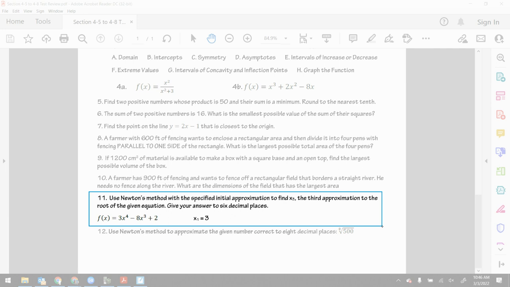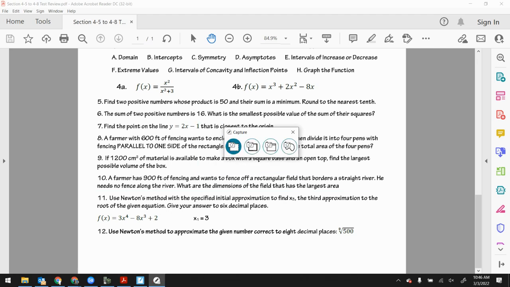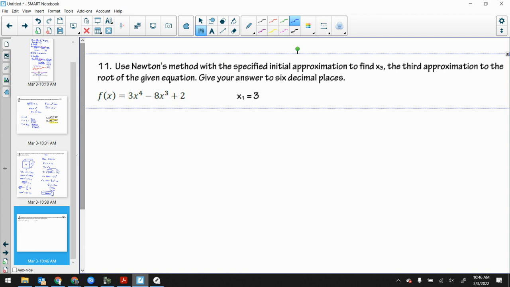So this is very similar to number 12 that we had, right? Use Newton's method with the specified initial approximation to find x3. The only difference between what we're doing now and what we've done with that square root problem is I tell you what x1 is going to be. Because remember, you're going to say, okay, now x1 is 3, x2 must be 3 minus f of 3 over f prime of 3, right?